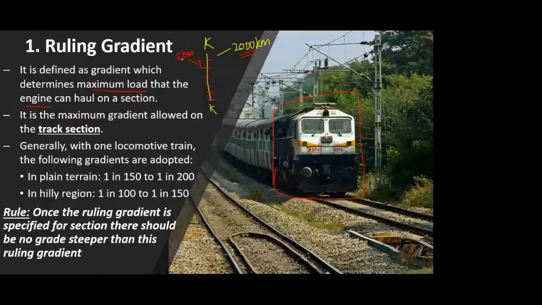So in this 5 kilometer stretch, suppose this is the engine that I'll be using, or all the trains passing on this 5 kilometer stretch are using this engine, so this engine will have its own capacity to carry some load, and that load carrying capacity will vary with the gradient.